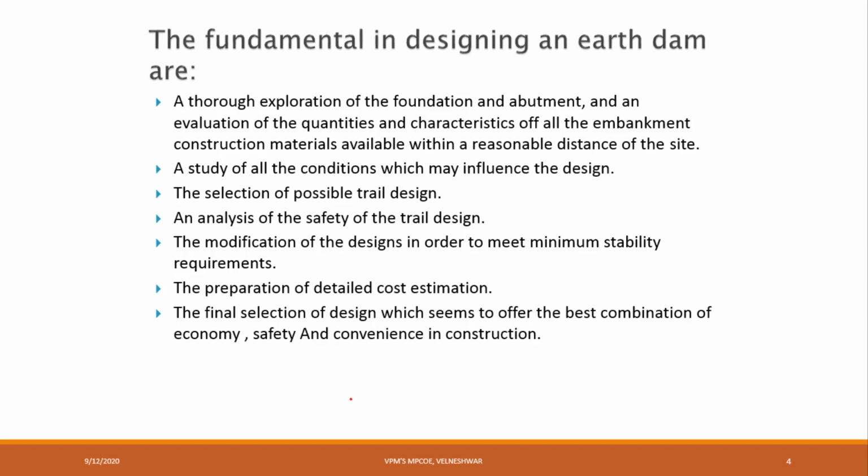A study of all conditions which may influence the design. Selection of a possible trial design. Next, analysis of safety of the trial design. Whenever you are studying the soil properties, generally for every 300 meters collect the soil and check its properties.